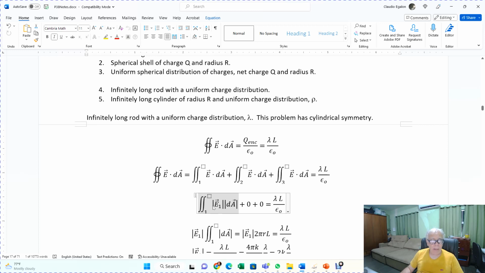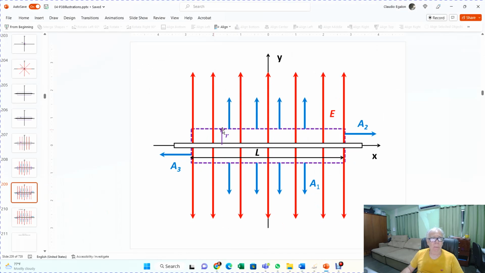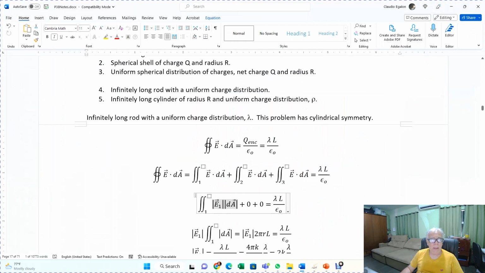Just like before, the electric field is parallel to dA, consequently we get this solution right here. Because the distance from every point along here to the source is the same, the magnitude of the electric field at all those points is going to be the same as well. And we can take the electric field outside the integral.